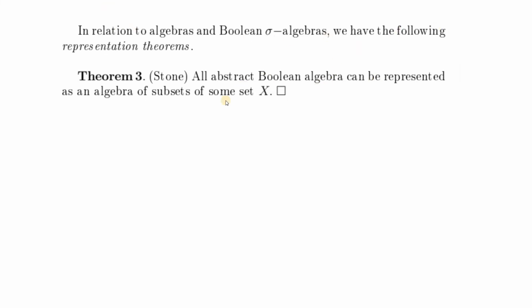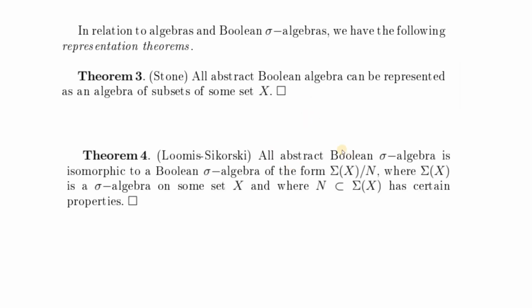The first is what's called Stone's theorem, which tells us that all abstract Boolean algebras can indeed be represented as an algebra of subsets of some set X. And note I say Boolean algebra and not Boolean sigma algebra, so it is not necessarily a sigma complete Boolean algebra.